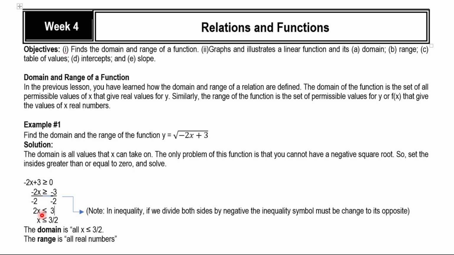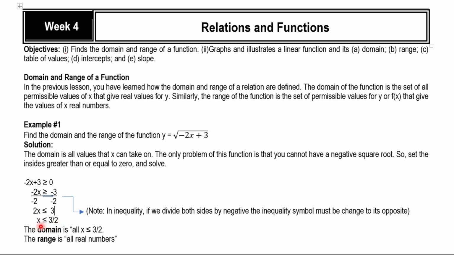So it becomes 2x less than or equal to 3. Divide by 2. So the value of x now is less than or equal to 3 halves, or 3 over 2.